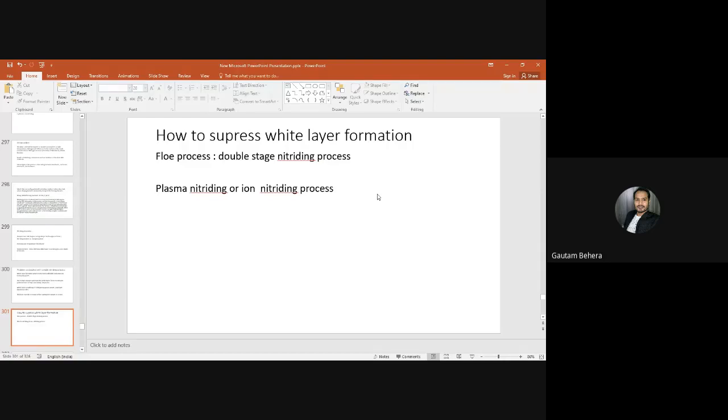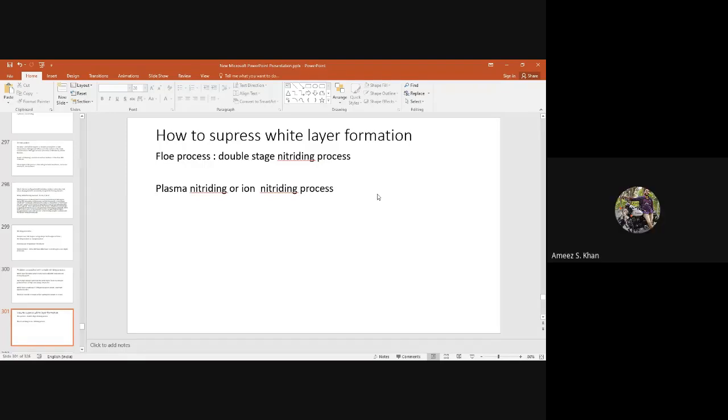How can you maintain a high nitrogen potential, and how can you maintain a low nitrogen potential? The hint is you are supplying ammonia gas, which will be decomposed into nitrogen and hydrogen, or you can provide a mixture of nitrogen and hydrogen directly into the atmosphere.